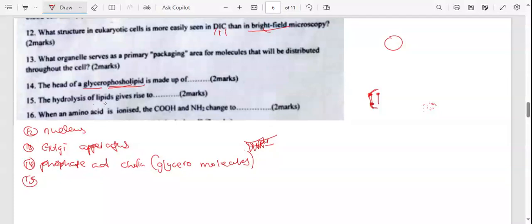Then we have 15. The hydrolysis of lipids gives rise to what? In short, once we break lipids, what will be the product? Once we break these lipids, we'll get fatty acid. So the hydrolysis of lipids, let's say lipids plus water, we are trying to hydrolyze, in short breaking down. The products of lipids will be fatty acid and glycerol.